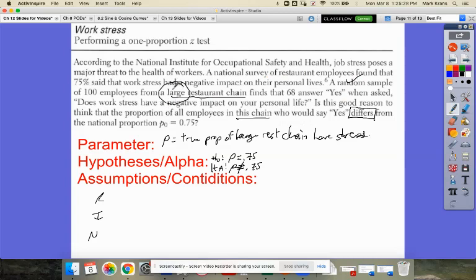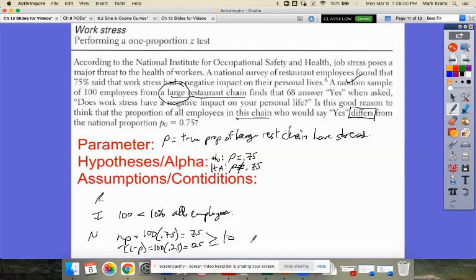It's a large restaurant chain, so as long as there are at least 1,000 employees, the 100 employees are less than 10% of all employees, reasonable to assume that they have 1,000 employees if it's a large restaurant chain, okay? And then normal, well, np is 100 times 0.75, which is 75, and n times 1 minus p is 100 times 0.25, which is 25, okay? They're both at least 10, and so large counts, ish, okay? All right, and then we can proceed, all right?